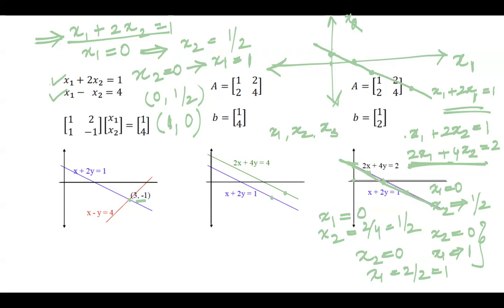But it will be a straight line as long as you don't have any powers. Like if it is just x1, x2, x3, not x1 square, x2 square. If the power is one, then it will be an equation of a straight line. Depending on the number of variables, the space will be getting bigger and bigger. It can be a three-dimensional space, four-dimensional space, and so on. But it will be an equation of a straight line.